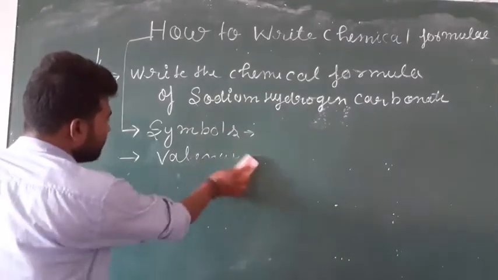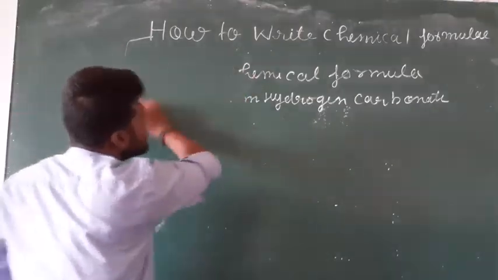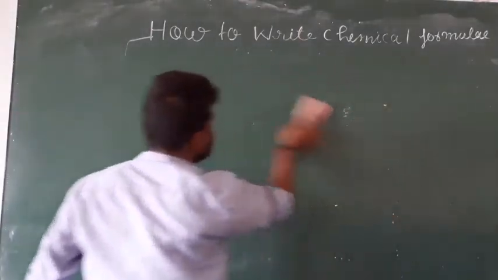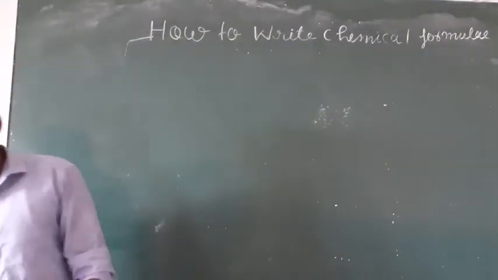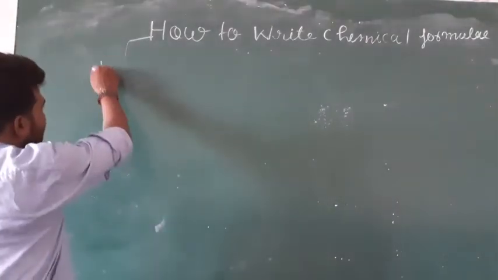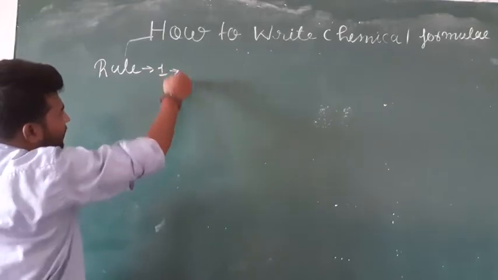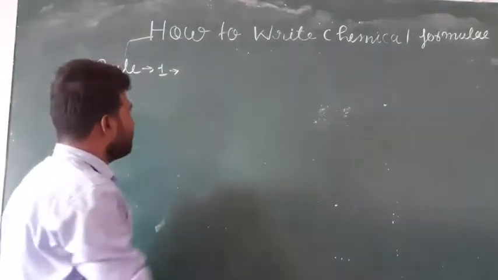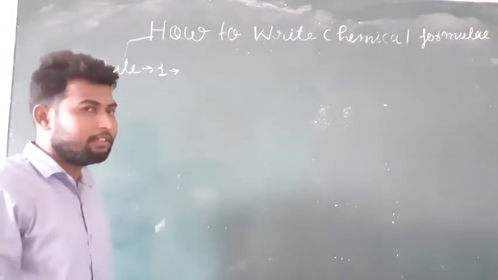So how to write a chemical formula? Some rules govern the writing of a chemical formula, and those rules are given here. Rule first. If I explain with the help of an example, then you will understand easily.